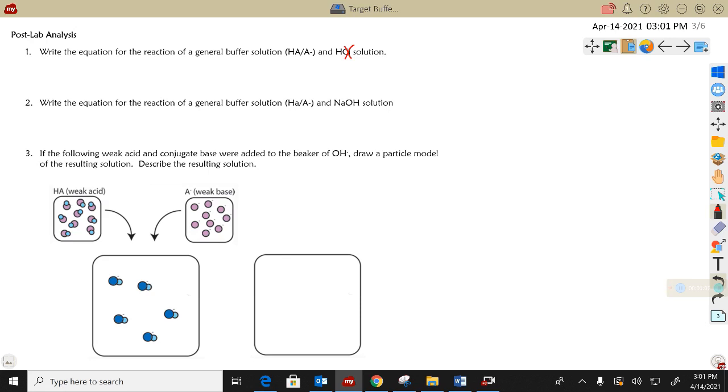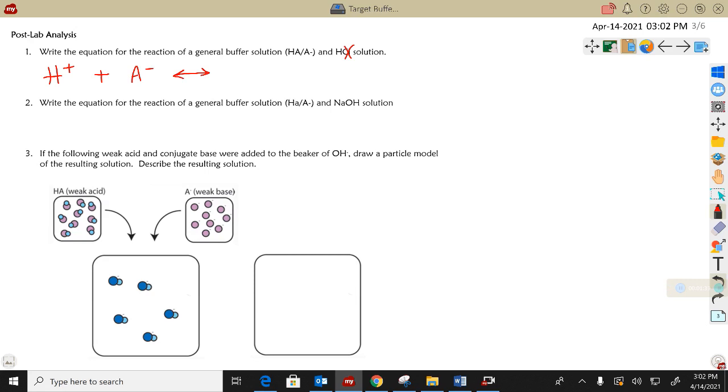And so there's two ways to write this equation. A general way is to say that the hydrogen ion is definitely going to be one of my reactants. That would react with the basic particle from my buffer, the negative conjugate base. Now, the job of a base is to react with and remove hydrogen.